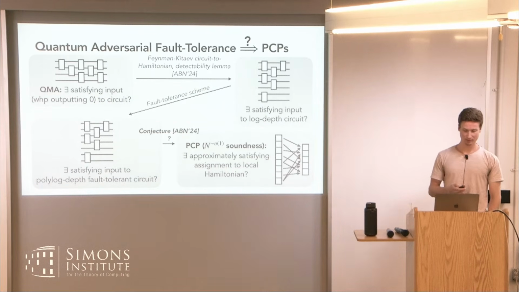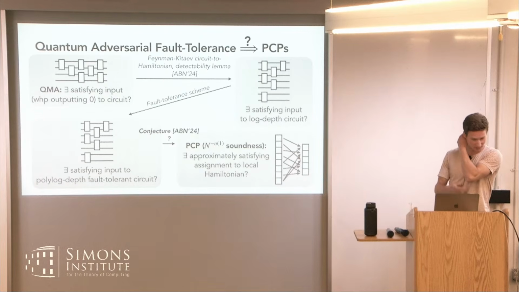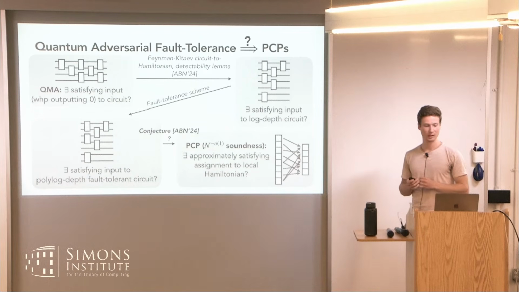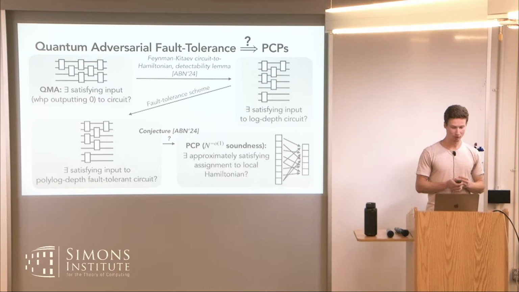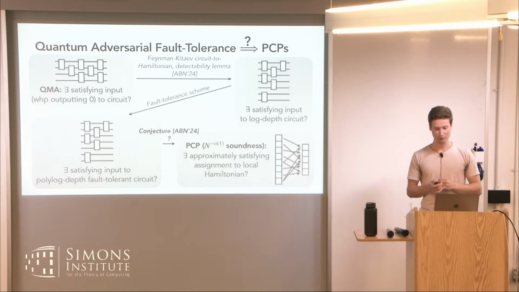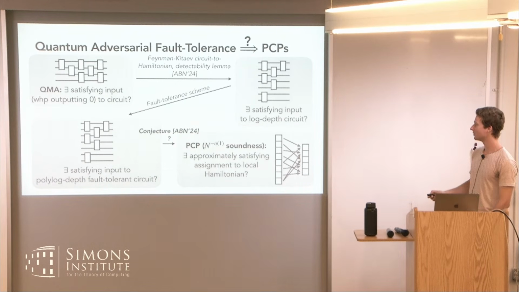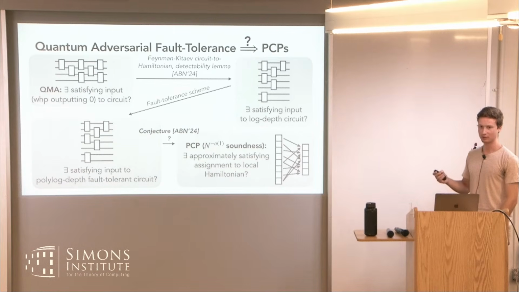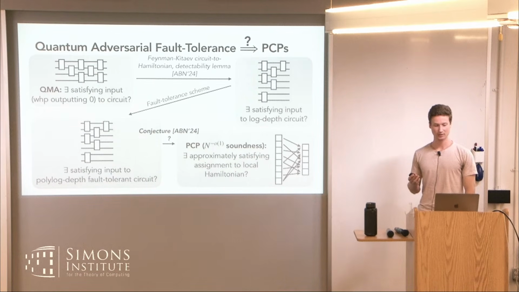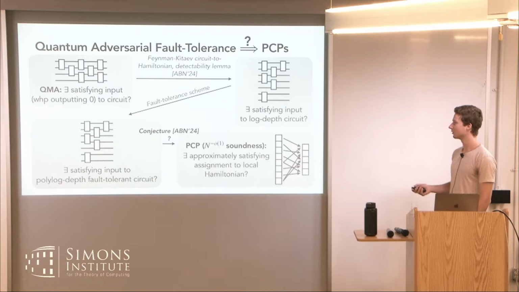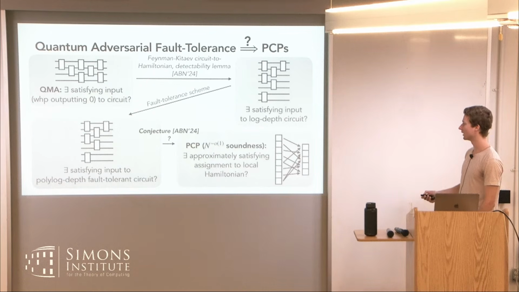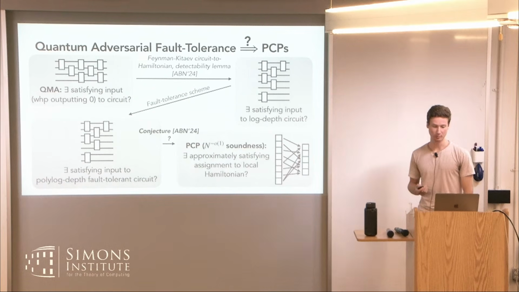In the classical setting, getting this final step was almost immediate. In the quantum setting, it's an open question, which was introduced by this ABN work. As I'll describe in the next slide, they gave a very interesting candidate construction for compiling a circuit into a Hamiltonian that satisfies this property.